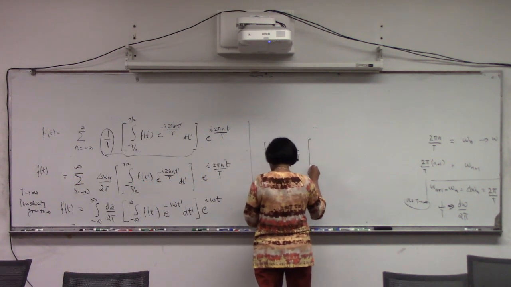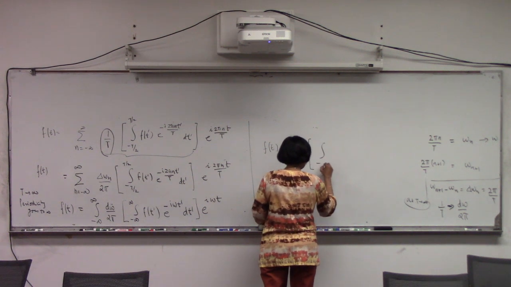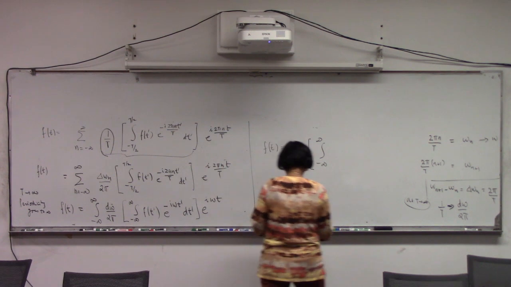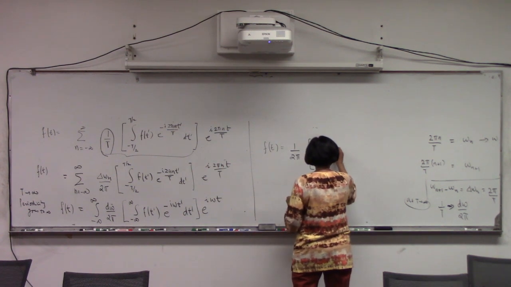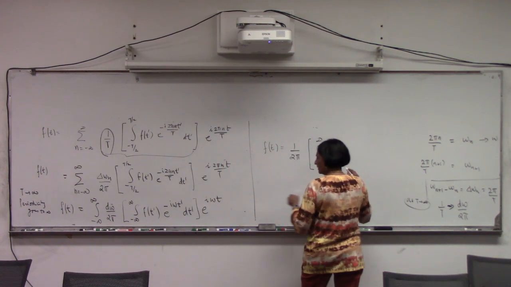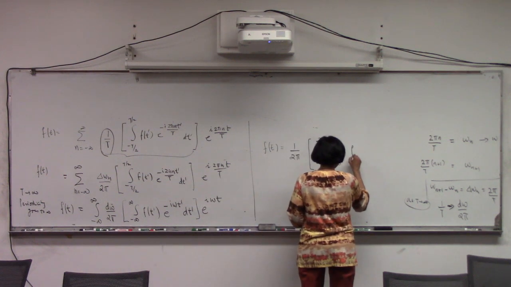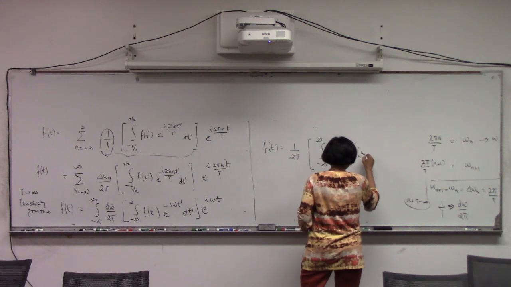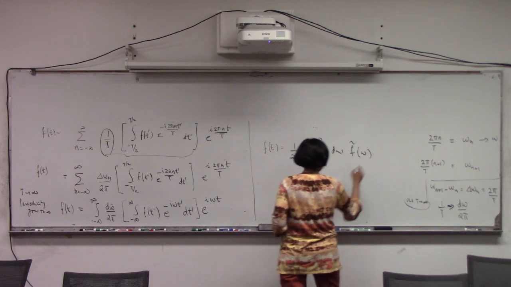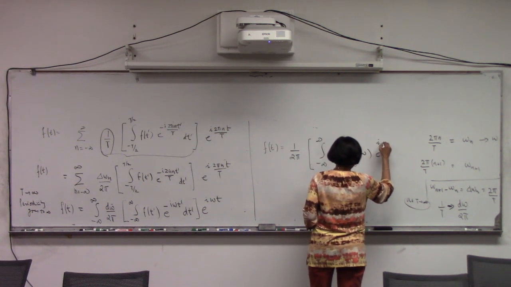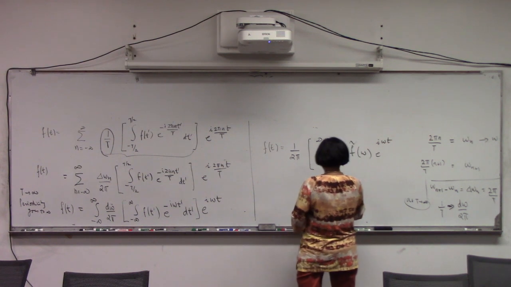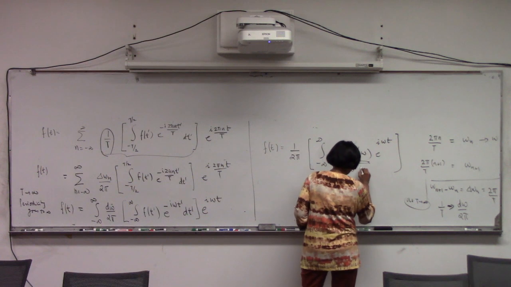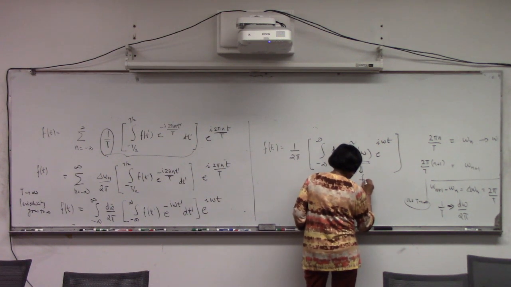I will write this expression like this: minus infinity to plus infinity of d omega, and whatever is the quantity inside is what I'm going to call the Fourier transform of the function. Then I have exponential of i omega t, and this is f of t. This quantity is called the Fourier transform of the function.